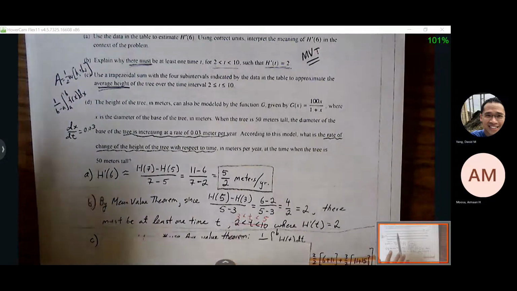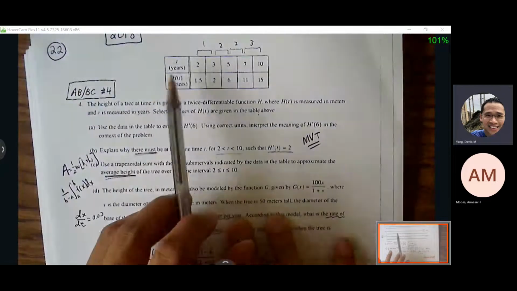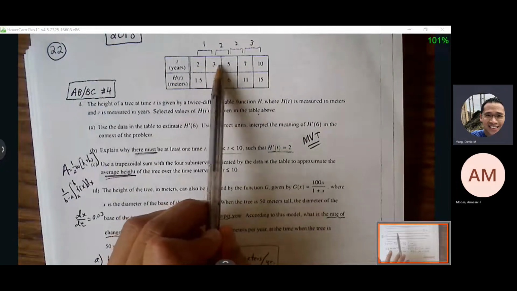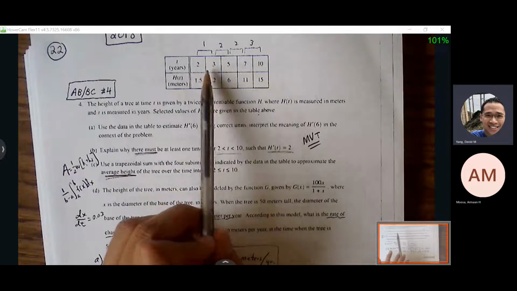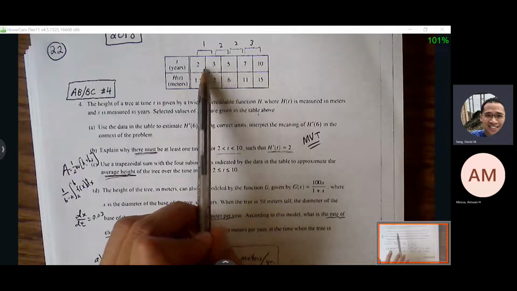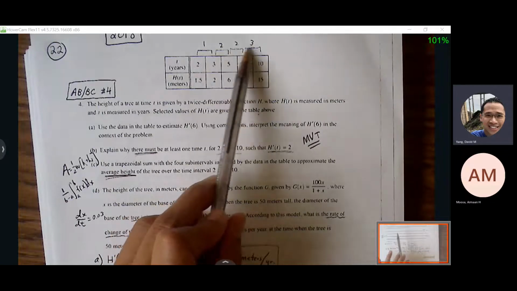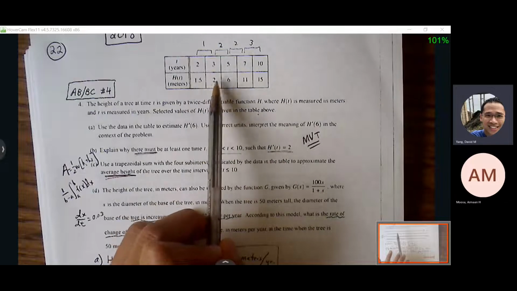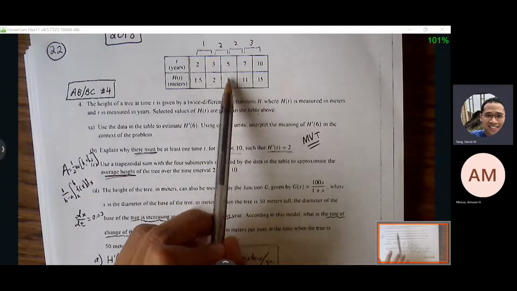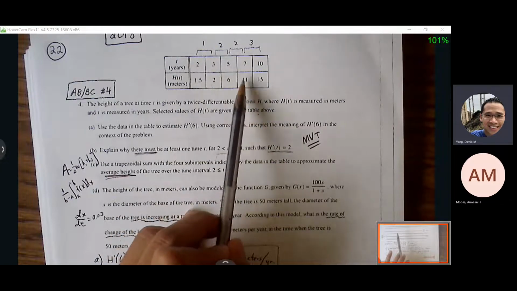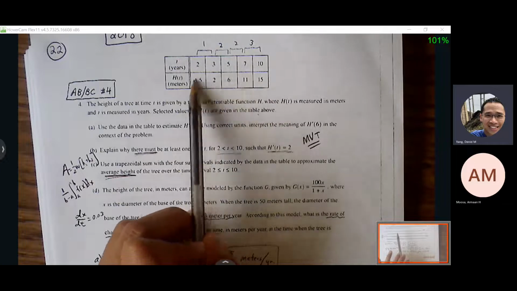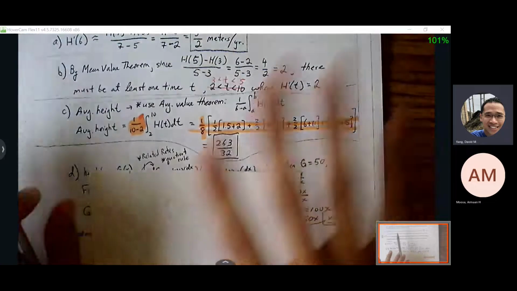So I look at each of the subintervals here. Subtract all the t values, that will give me the widths, and then all the heights in meters will be representative of the height of each of my trapezoids. So here's my setup.